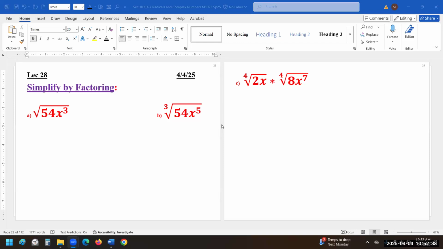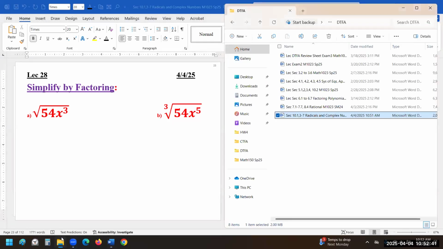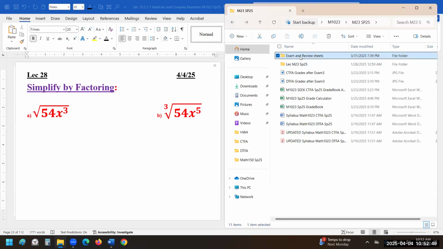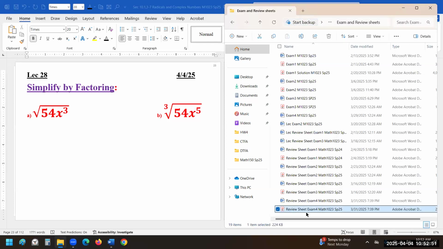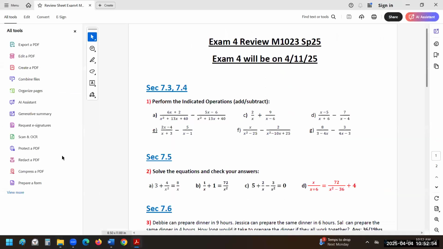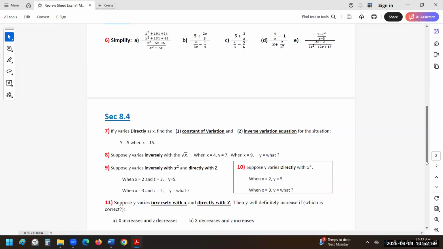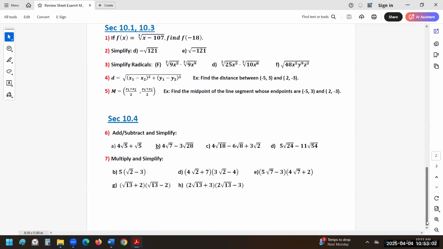I posted the review sheet based on 7.3 to 10.4. But let's see how much we finish by Tuesday. Probably we'll be able to finish everything by Tuesday.